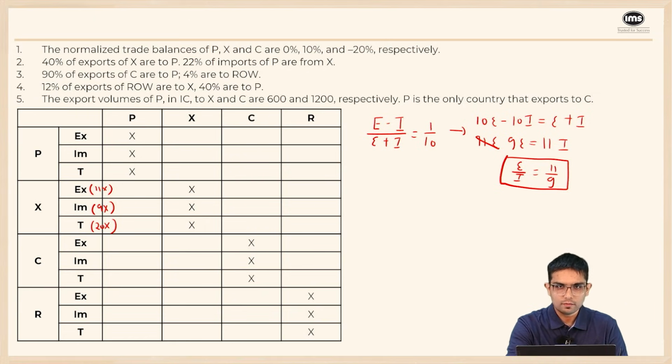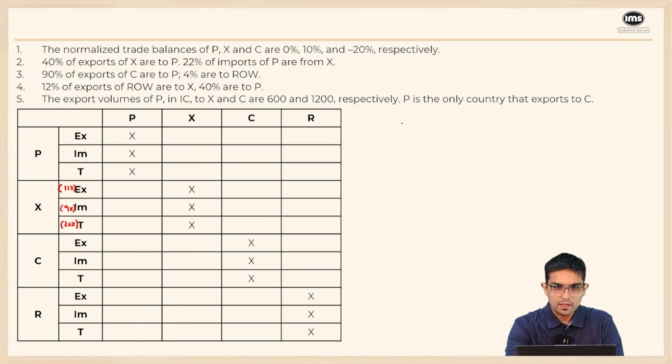Now let's move further. Now if I talk about C, it says trade balance is minus 20%. So that is export minus import upon export plus import, that is minus 1 by 5. 20% refers to 1 by 5. So minus 20% is minus 1 by 5. If I solve this, it will give me 5E minus 5I is minus E minus I. So that turns out to be 6E equals 4I.